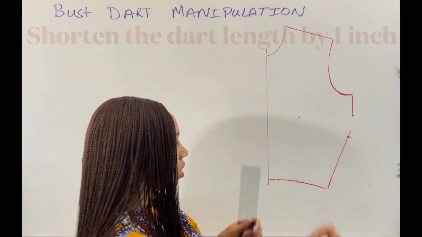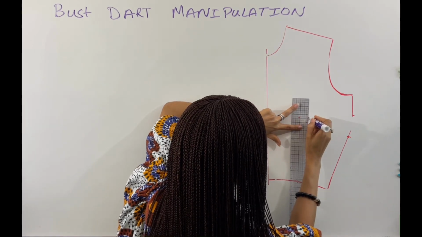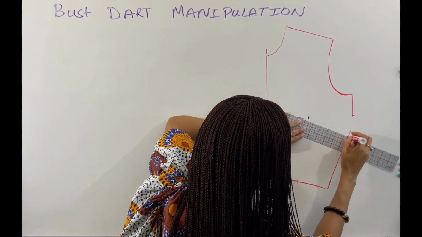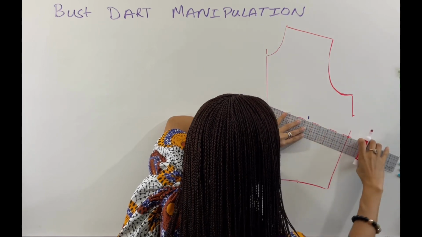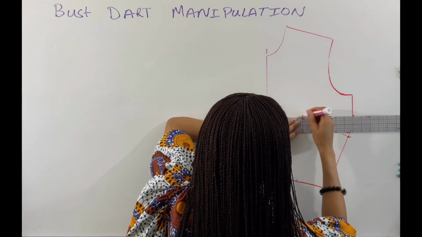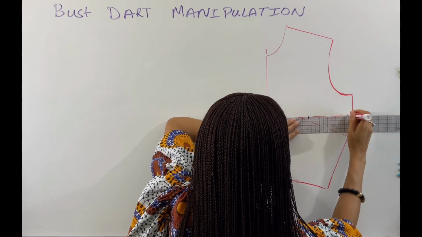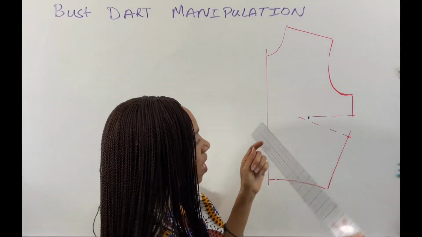So we need to shorten this 1 inch over. So we're going to go 1 inch here. This would be the dart line, right? And this would be the other part of the dart. But we need to shorten this, go in 1 inch.